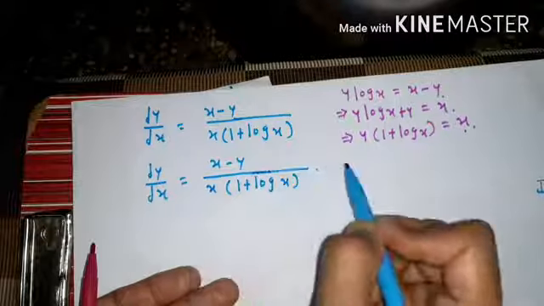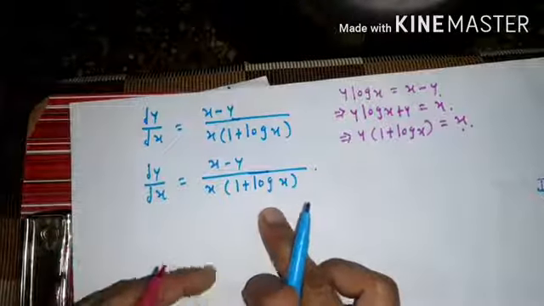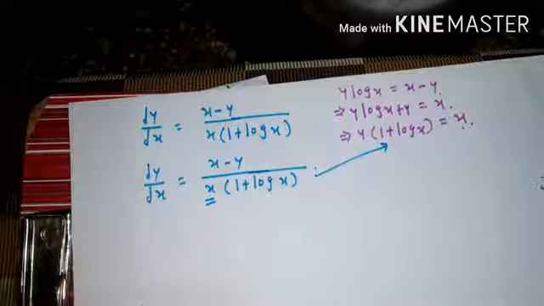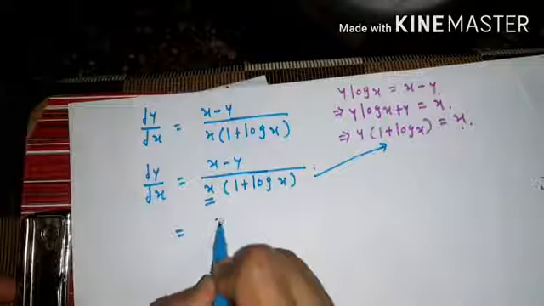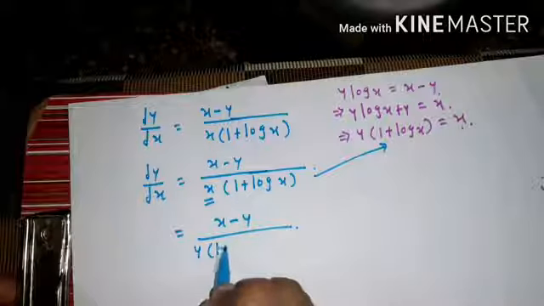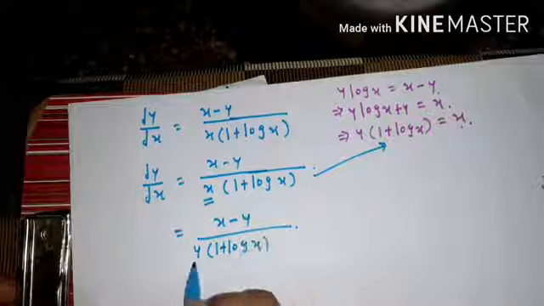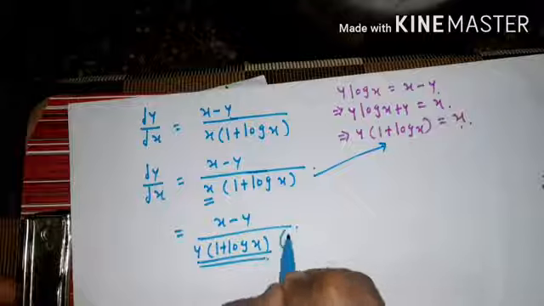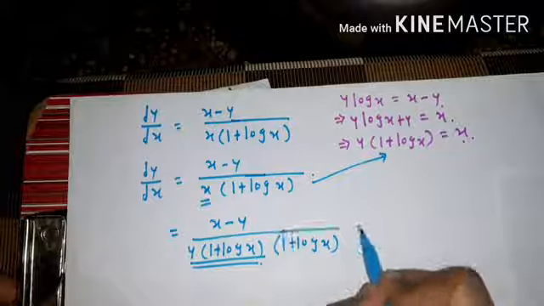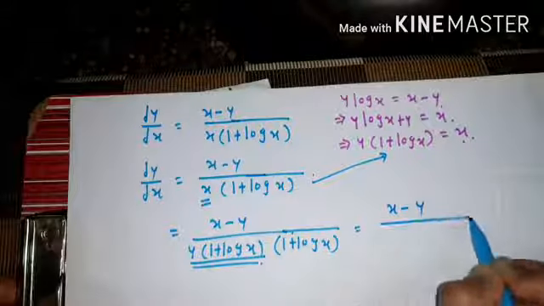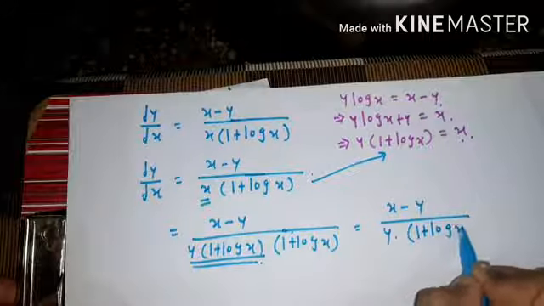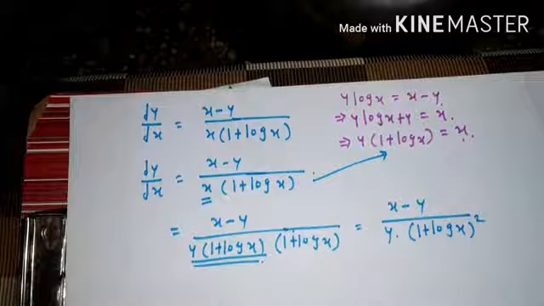And hence we can put the value of x from this, and this is equal to x minus y upon y into (1 plus log x) into (1 plus log x). And students, this is equal to x minus y upon y into (1 plus log of x) whole square.